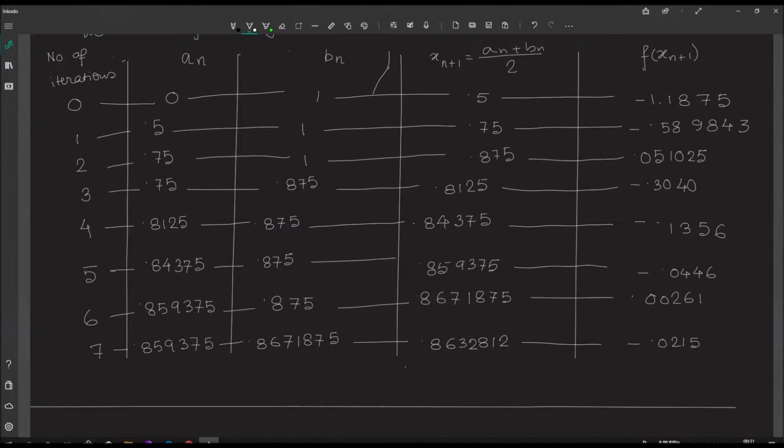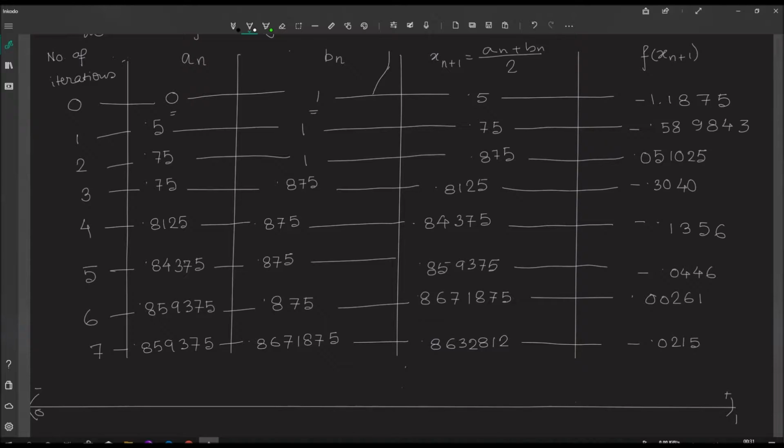That means the lower value and the upper value of the range. As we have already found, at 0 the value of f(x) is minus, and at 1 we are getting the result as plus.